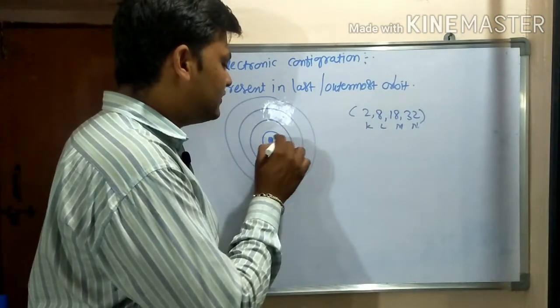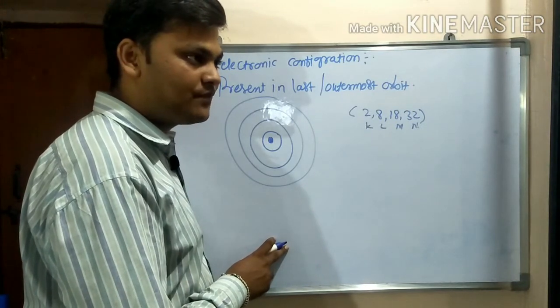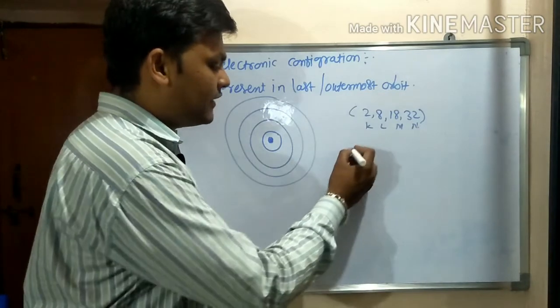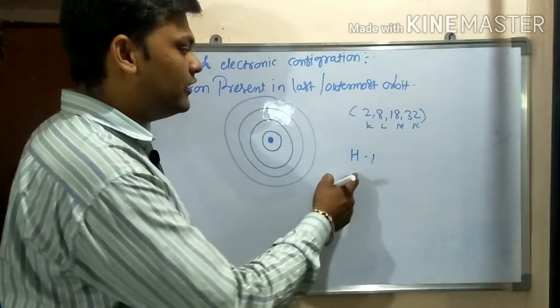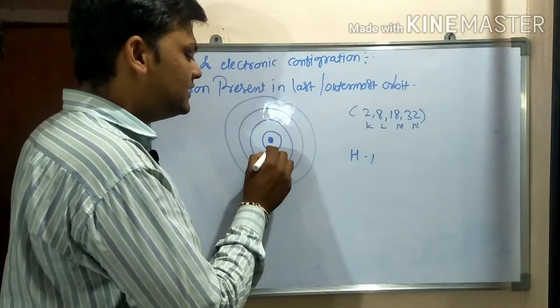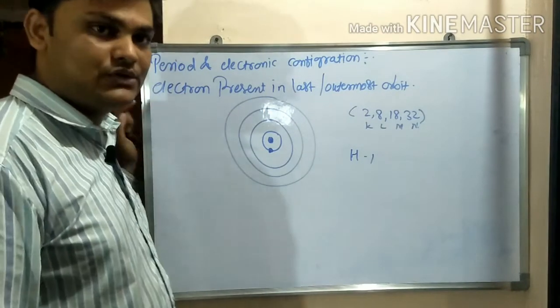Let us take the example of hydrogen. The valency of hydrogen is 1, so in the first orbit only one electron is there, and that is the valence electron for hydrogen.